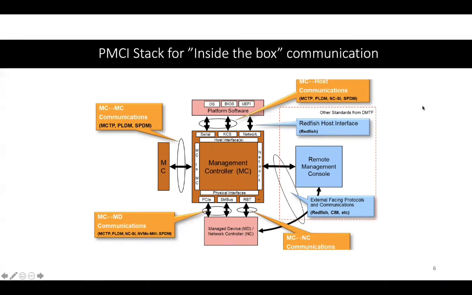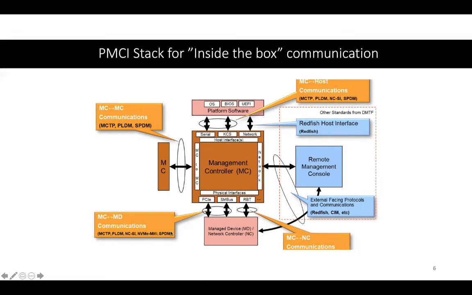PMCI also covers the management controller talking to other management controllers, and also the management controller talking to managed devices or smart devices. Examples of those are network controllers, where you have, for example, the NCSI spec, NCSI over RBT, and other kinds of managed devices, storage drives, sensor chips, etc. Commonly used physical interfaces there are PCIe and SMBus.